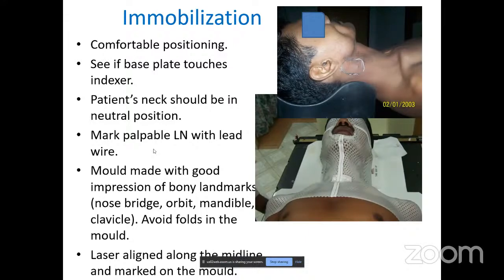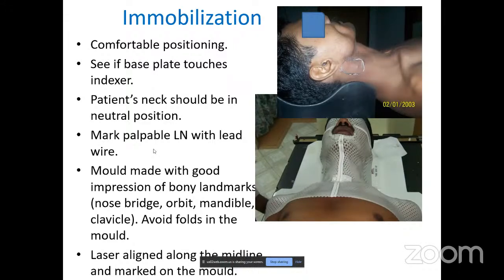If there is any large lymph node, you mark the palpable lymph node with lead wire, because this is not important for 3D planning, but it is important for 2D planning when you are using X-rays. If transorally you see the extension of the disease in the tongue, you can place a marker there to understand the anterior extent of the disease.